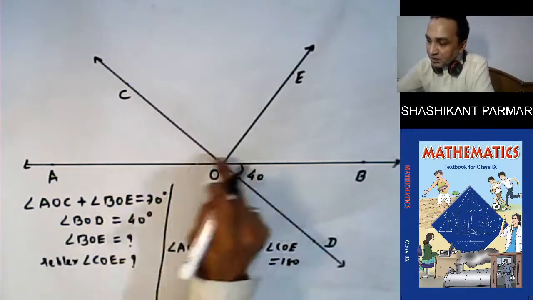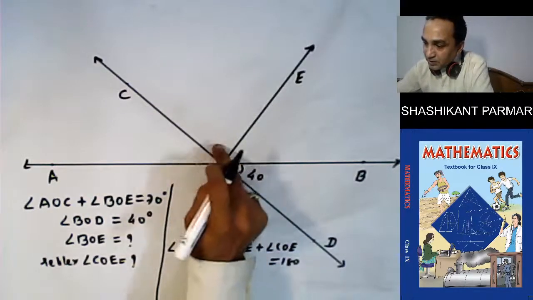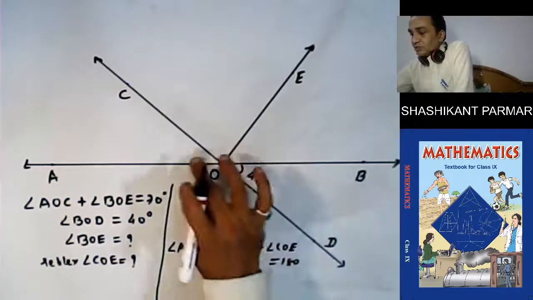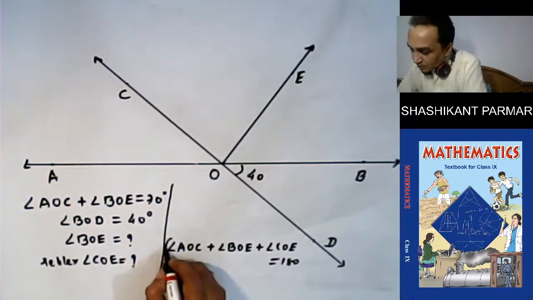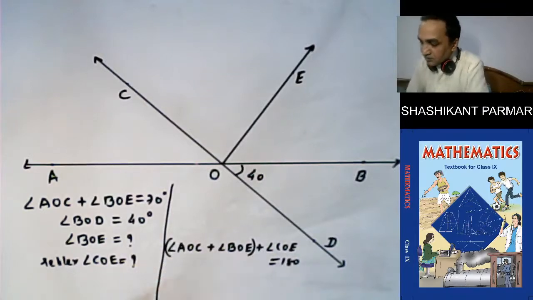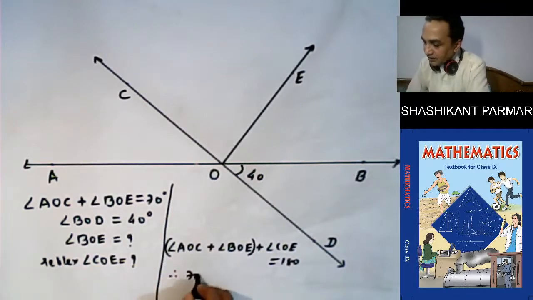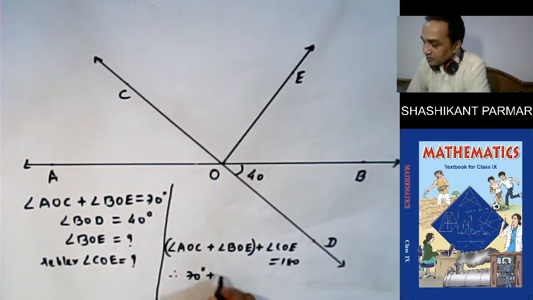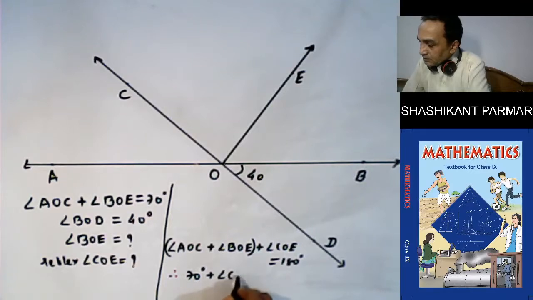The sum of these three angles is 180. From this, you know the value of this. So this is 70 degrees plus angle COE is equal to 180.